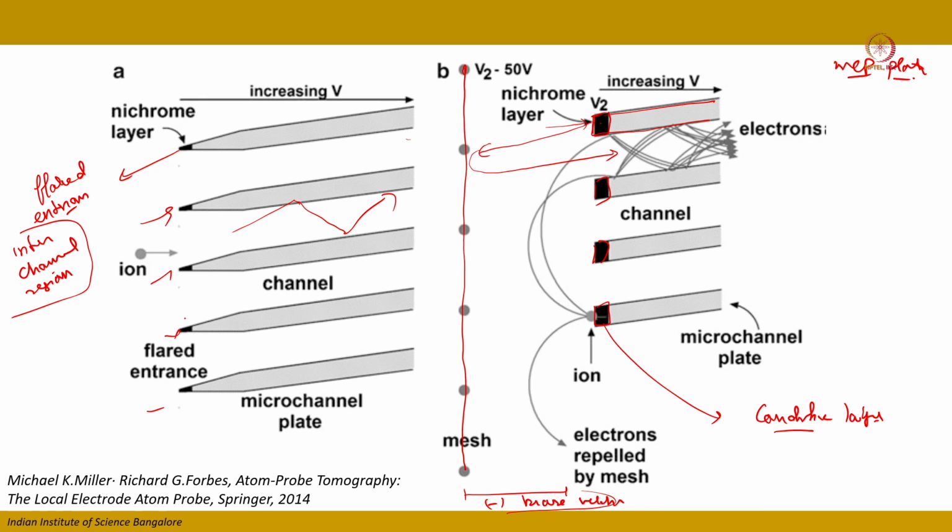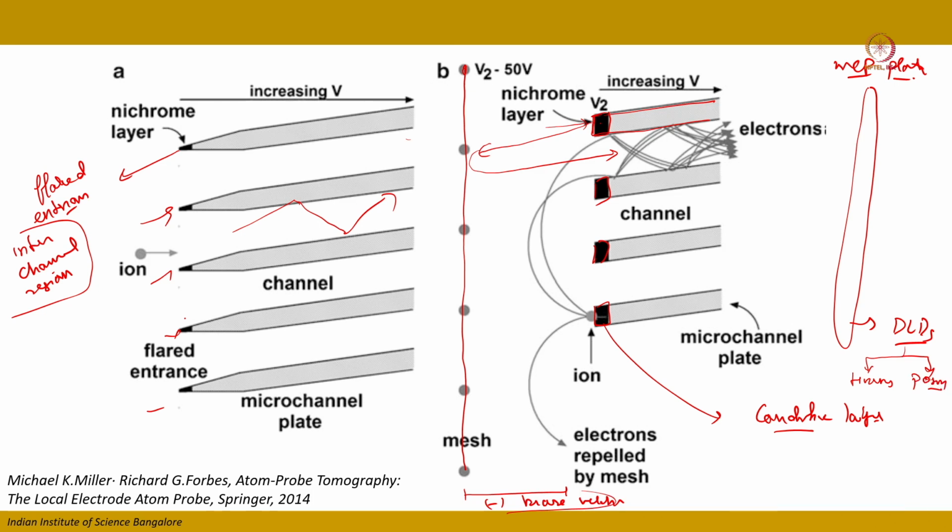Okay, the next thing is, behind this MCP there is another detector which we call a delay line detector, DLD. At the start of the class I told you that DLDs give the timing and also the position.